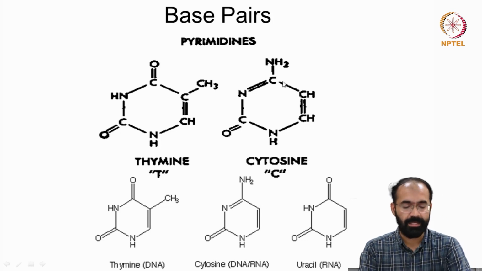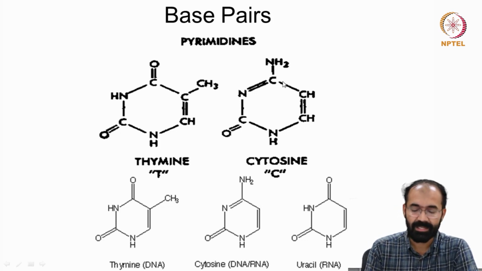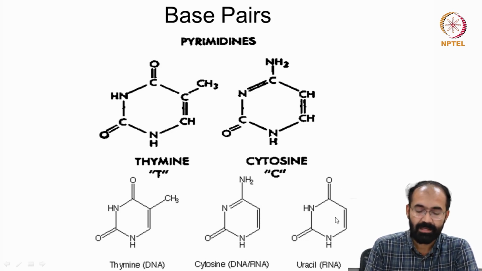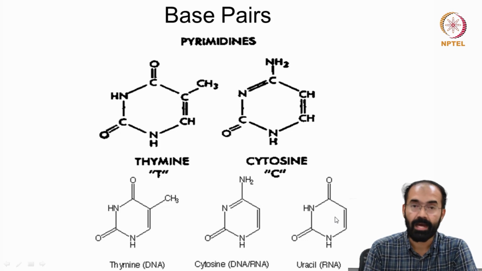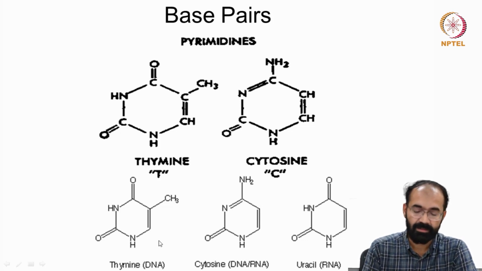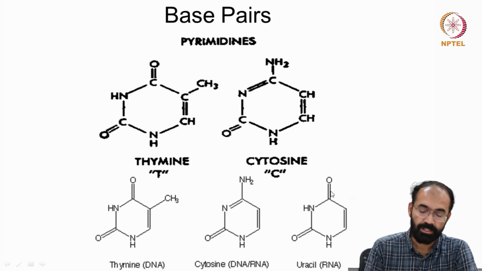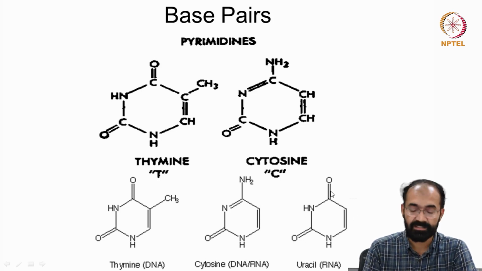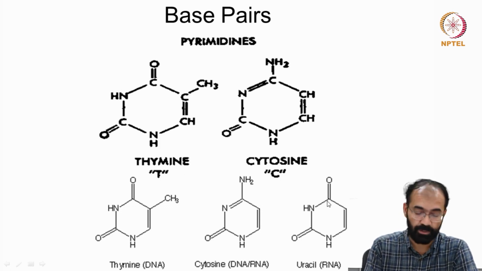Uracil and thymine are not present together. In DNA you have thymine, whereas in RNA you have uracil. Both cannot exist in one molecule. Only one of them can exist in the entire species of RNA or DNA molecules.